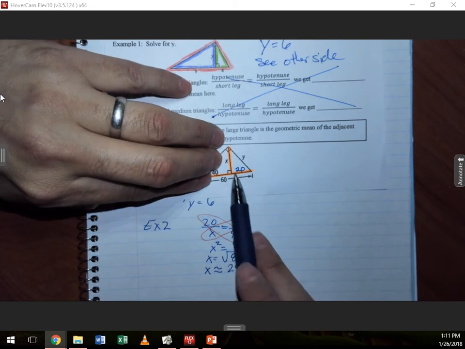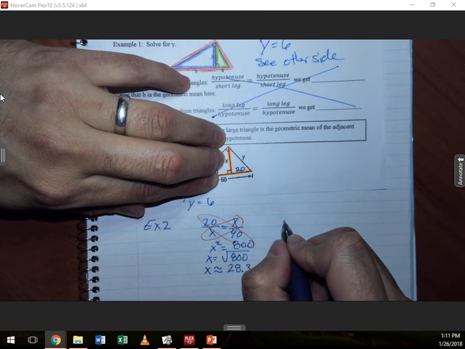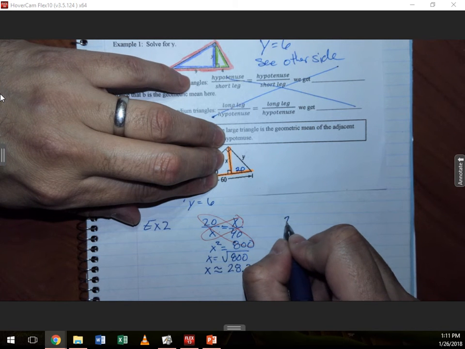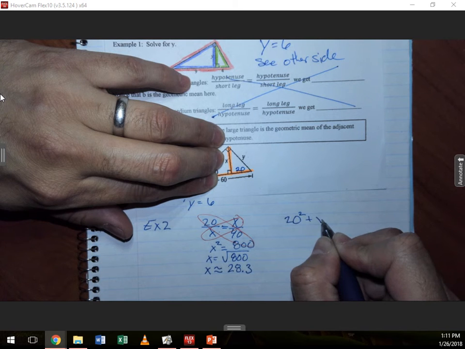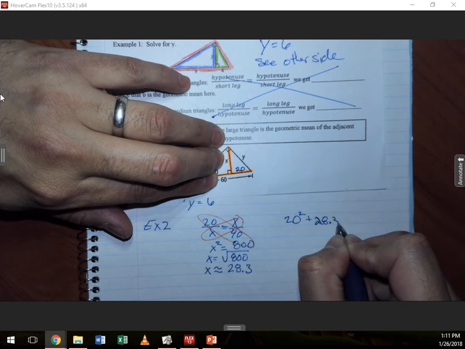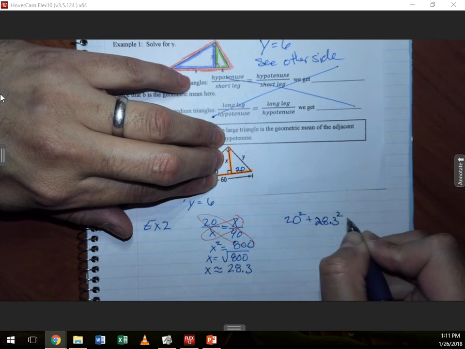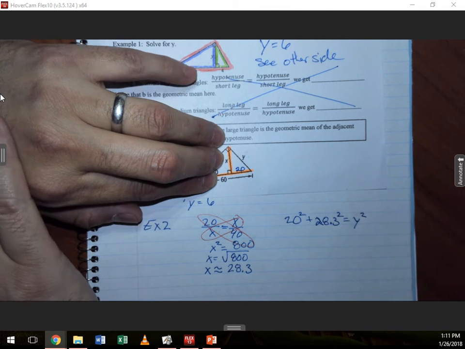So let's take a look. It's going to be, let's see, 20 squared plus 28.3 squared equals y squared.